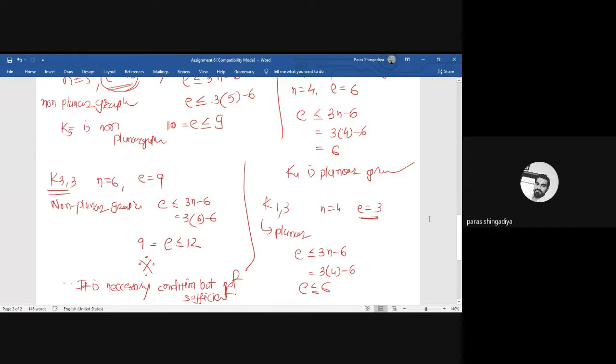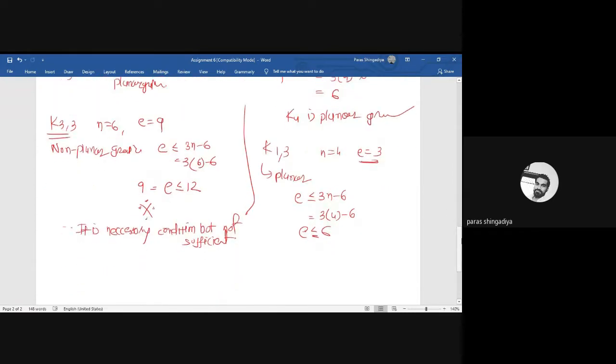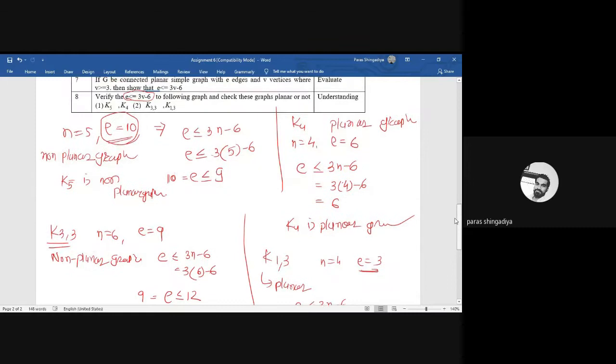So K1,3 is a planar graph. Therefore it is a planar graph. So this is the solution of question number 8.